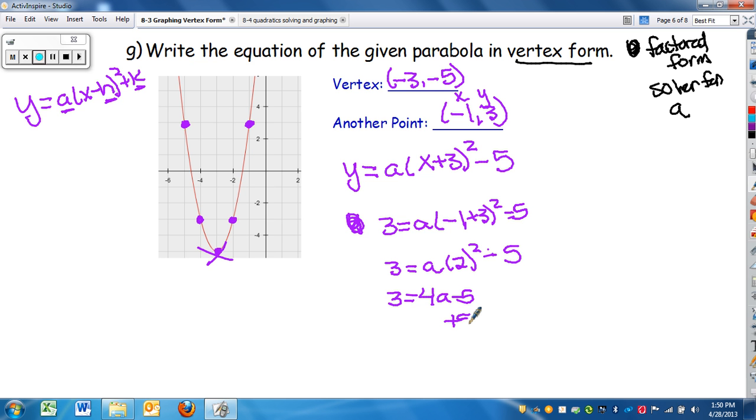And add 5. 8 equals 4a. Divide by 4. a equals 2. Which makes sense because my parabola opens up and it's a little skinny. So my final answer is 2(x plus 3) squared minus 5.